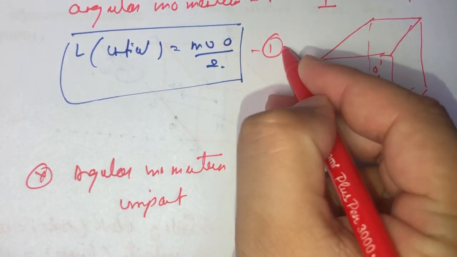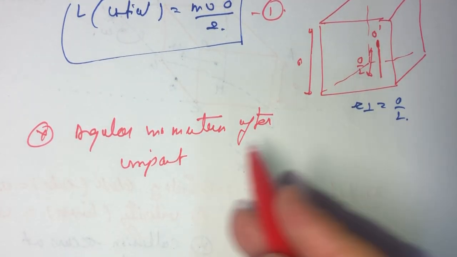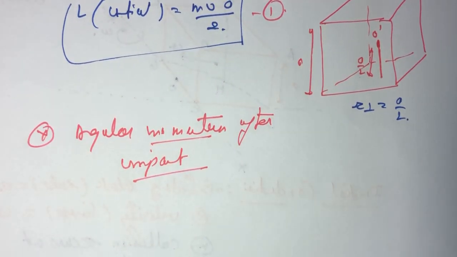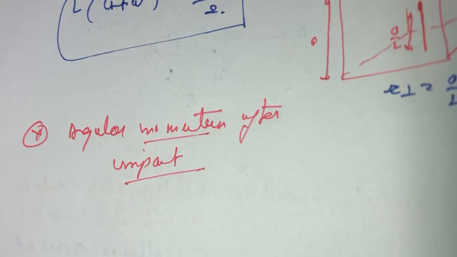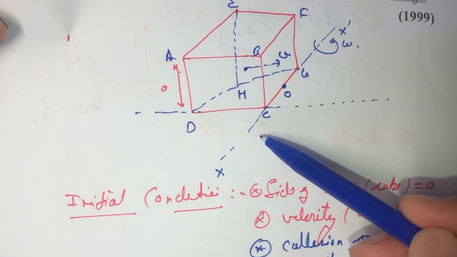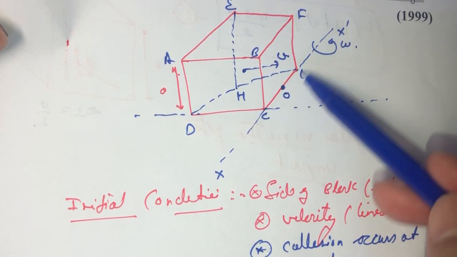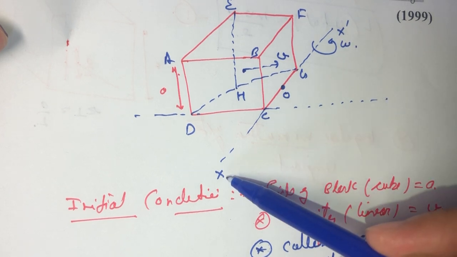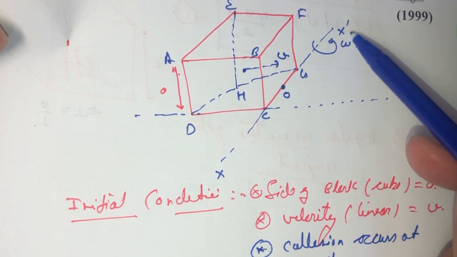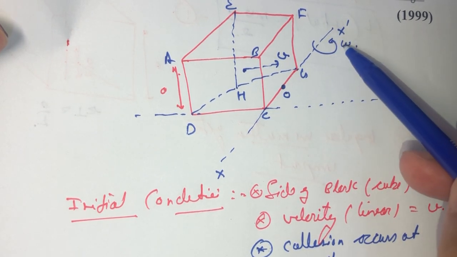Let this be question number 1. So like I said, after the collision, this cube is going to pivot or rotate about the axis, that is x prime, okay, with the angular velocity of omega.